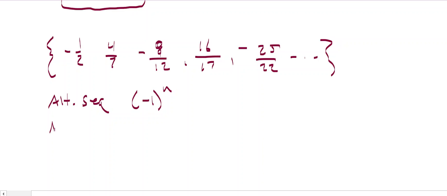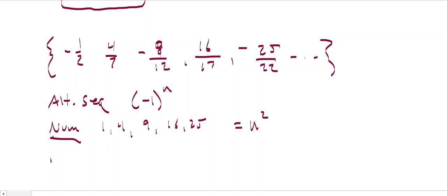And now if I consider the numerator, forget about the negatives. Just consider everything as positive. The numerator, we have 1, 4, 9, 16, 25. Well, that looks familiar. In this particular case, the numerator is simply n squared.